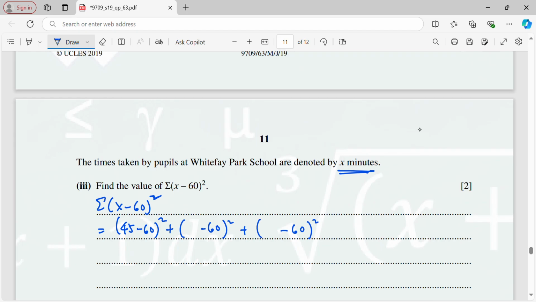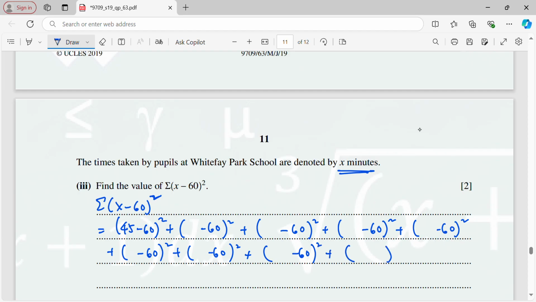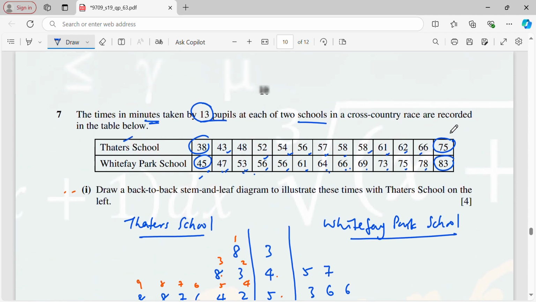There will be 13 of them: 1, 2, 3, 4, 5, 6, 7, 8, 9, 10. Okay, 3 more. So this is the easiest way. Just subtract all from 60 and then square it. Now just copy down the values.